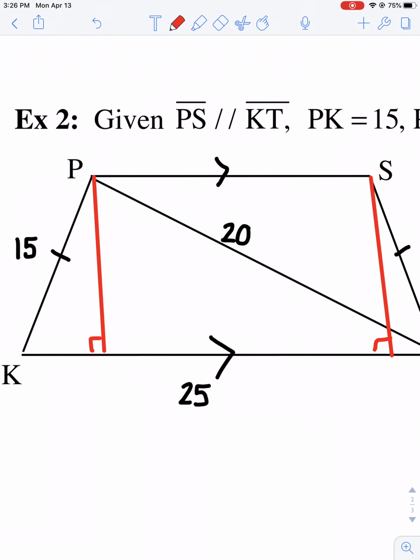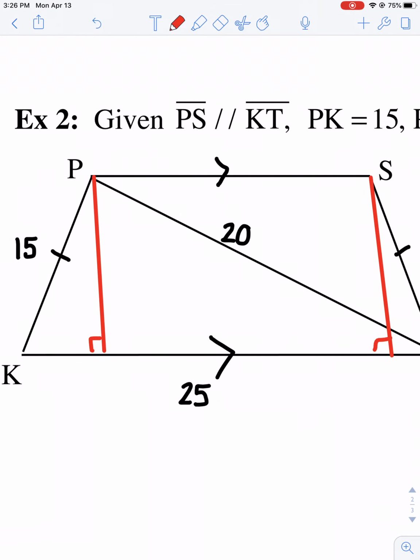So we can say that triangle PKT is a right triangle because of our 3, 4, 5 triples, meaning that our right angle would have to be right here because 25 would be our hypotenuse.